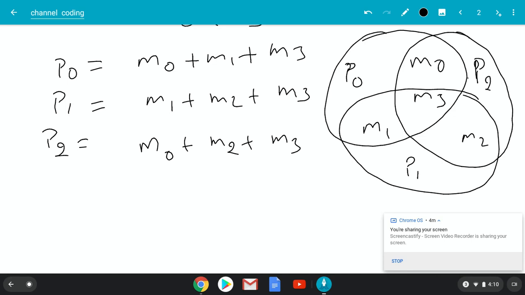So this is definitely not a rectangular formation, but a different formation. This is basically the 7,4 Hamming code. In the rectangular formation, we are saying the number of ones in each row should be even, and the number of ones in each column should be even. Here we are saying the number of ones in each of the circles should be even, right?